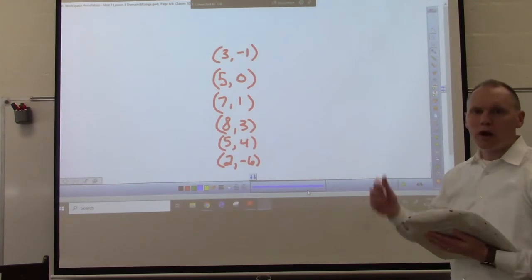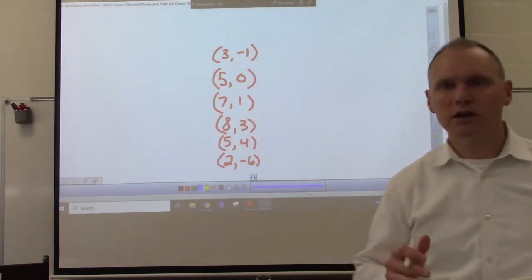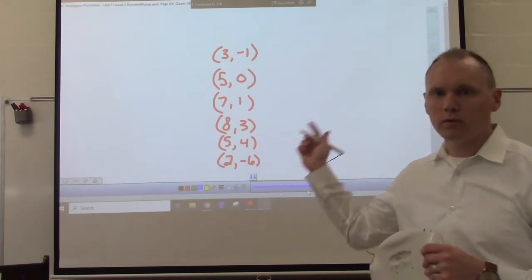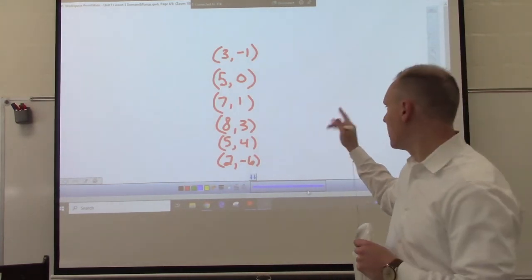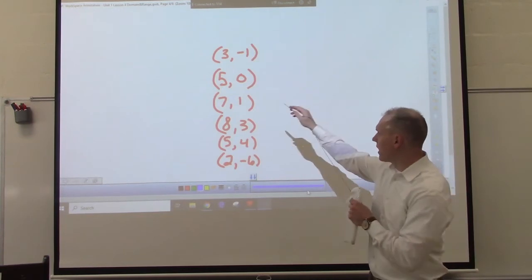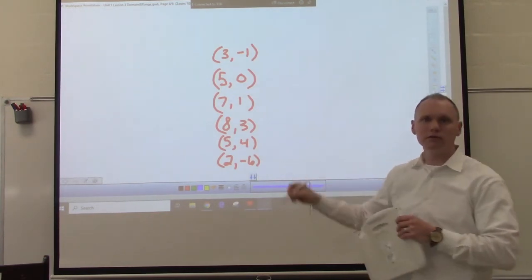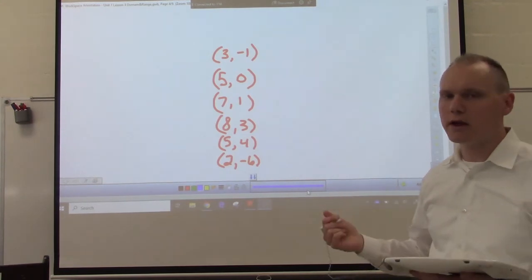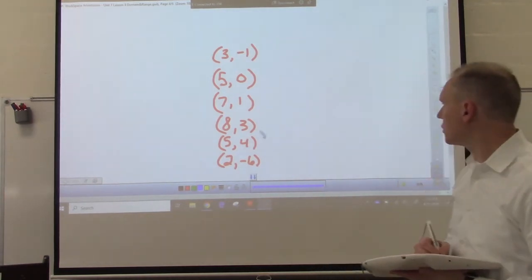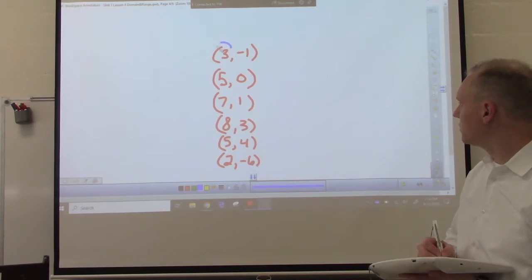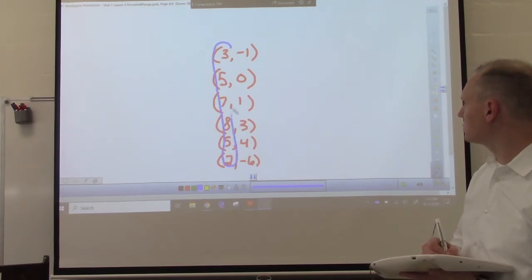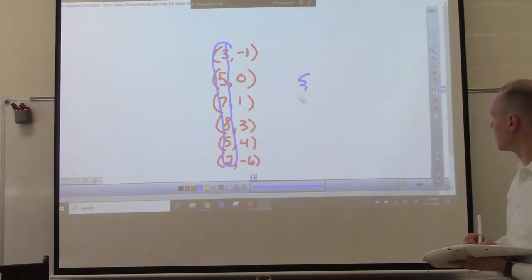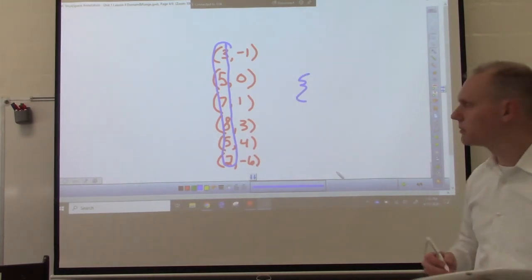Okay, so we brought up these set of points in our last session, and now we want to talk about the domain. So remember, this one was not a function last session because 5 outputted 2 different values, and because of that, it's not a function. But we can still think about our domain and our range. So our domain is made up of all the input values. So if we think about that in set notation, you can use a little curly brace here.